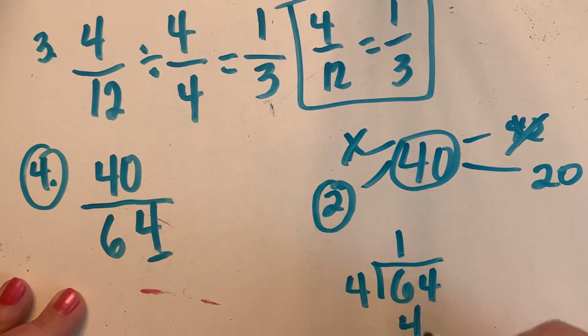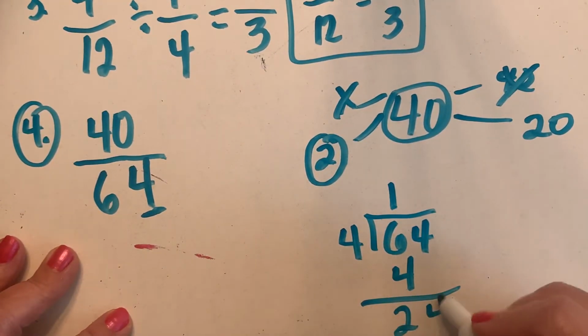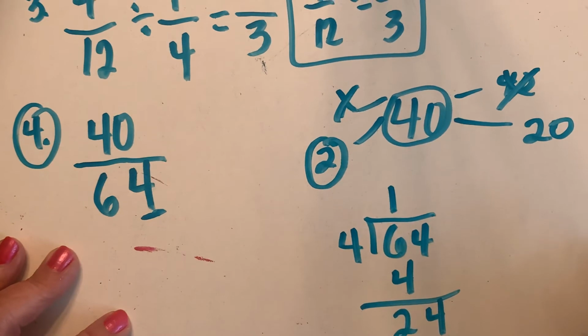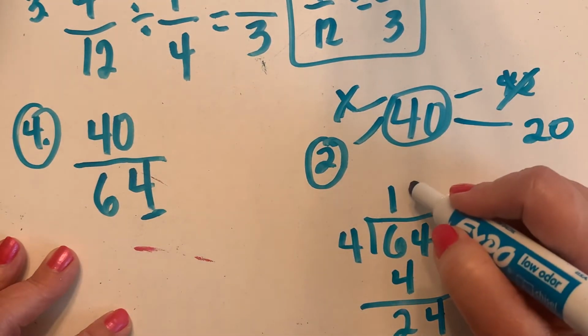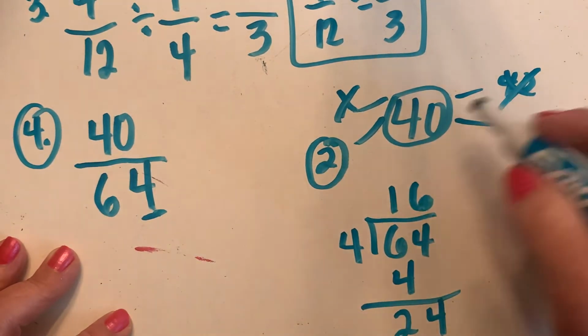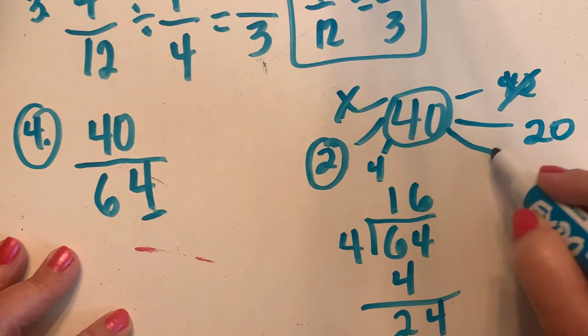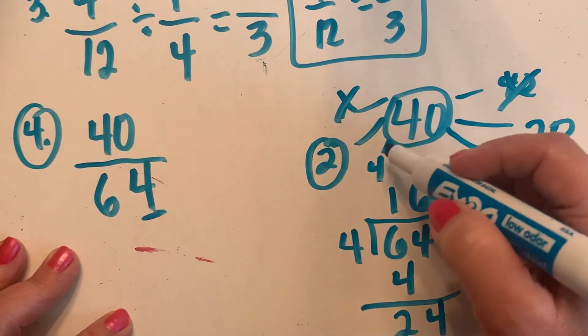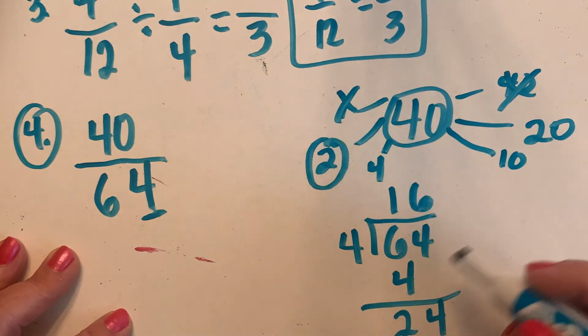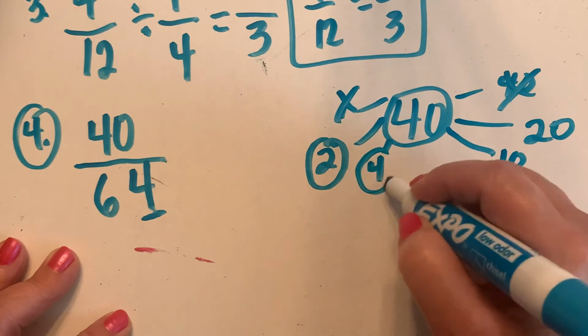I'm going to divide it. 4 going into 24 how many times? Okay, that's very good. 6. So 4 will go into 64, and 4 goes into 40. 4 times 10 is 40, and then 4 times 16 is 64. So I'm going to circle that one.